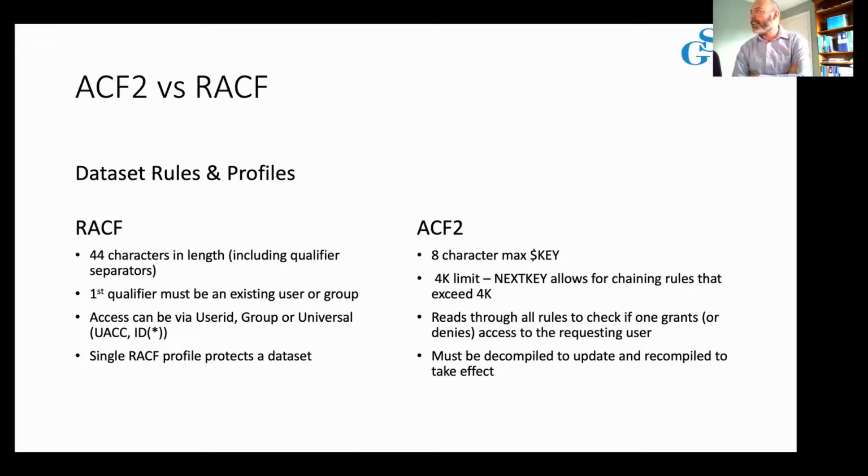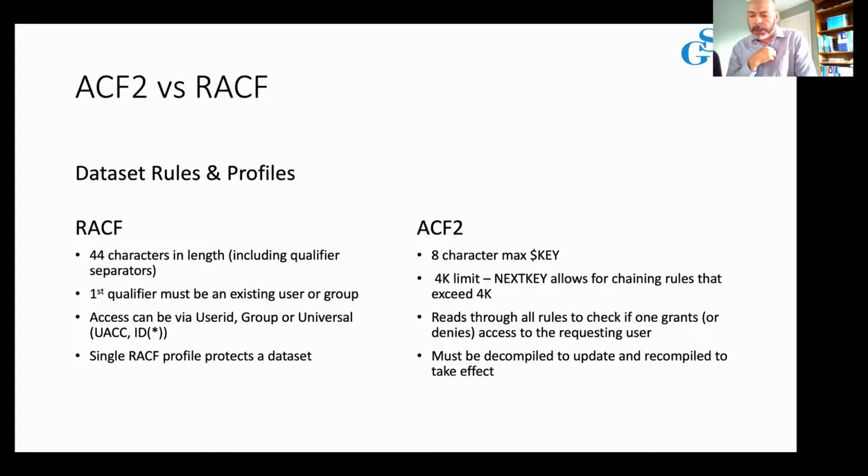ACF2 has an 8-character key. It has a 4K limit out of the box. However, there is a global setting that you can add called RULELONG, which will extend that to 32K. Next keys allow for chaining of rules that reach 4K to exceed that without setting RULELONG. Once you've set RULELONG, you cannot go back.